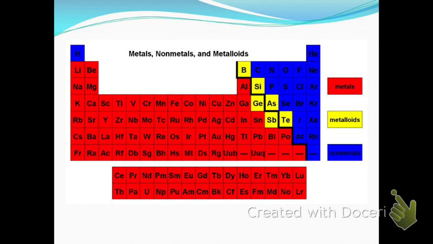I do want you to draw that stair step on your periodic table. So go ahead and bring your periodic table out and draw that stair step in there. You don't need to, I don't think, take the time to shade metals, nonmetals, and metalloids. If you'd like to do that, you're welcome to, but you don't have to. This stair step is this solid black line.